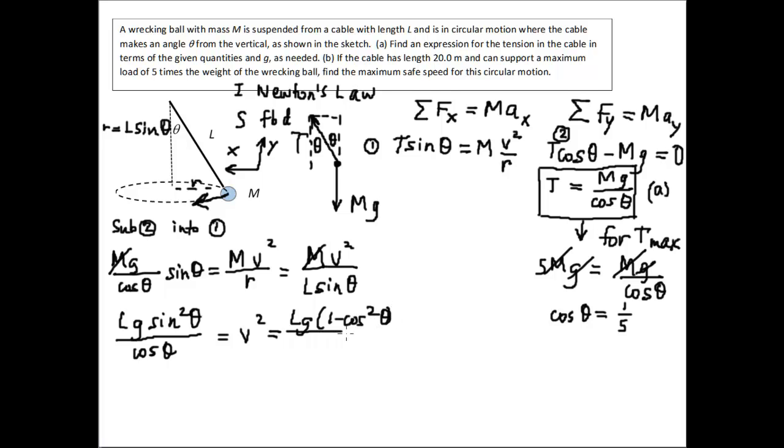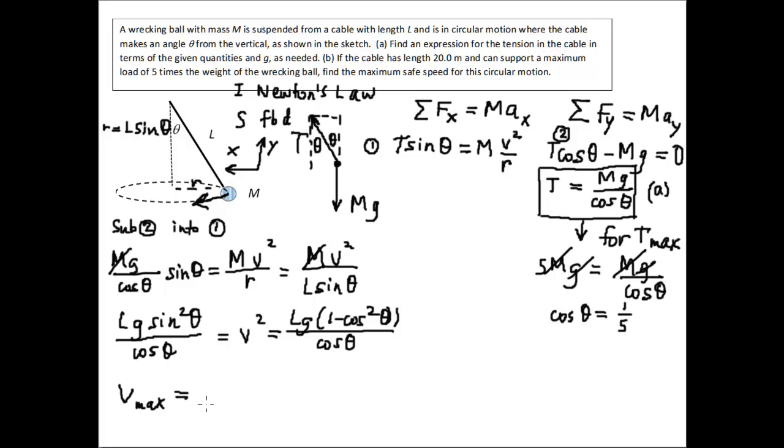That's one of our very fundamental trig identities. So now I've got an expression for v max, and the reason it's maximum is because where the tension is a maximum, that's where the cosine of theta is going to be a minimum. And since the cosine of theta is in the denominator, a minimum value for that is going to make a maximum value for the speed v.